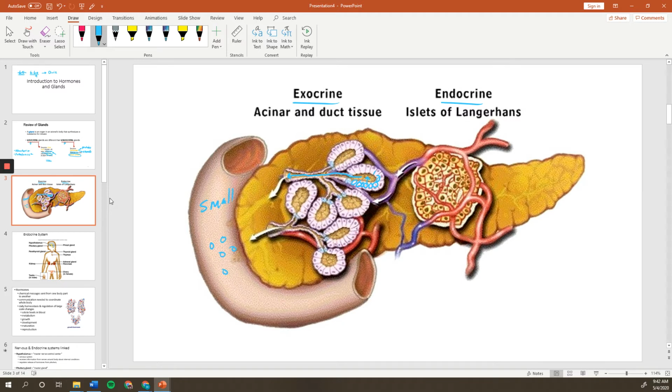They do not need to go into the blood first, right? They just go right in there. And over here, endocrine, as you can see, there's this capillary network around these cells, and the cells secrete their hormones directly into the blood, which gets pumped out and moves through the body. Okay.